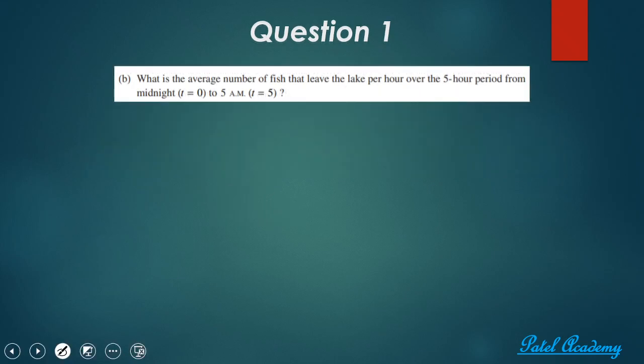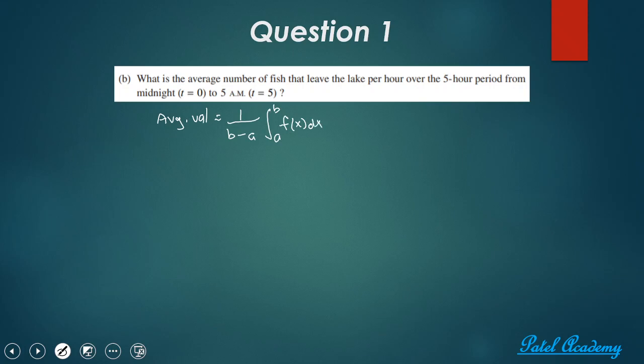What is the average number of fish that leave the lake per hour over this 5-hour period? Well, what do we know? We know that the average value of a function along an interval a to b inclusive is equal to 1 over b minus a times the integral from a to b of our function.